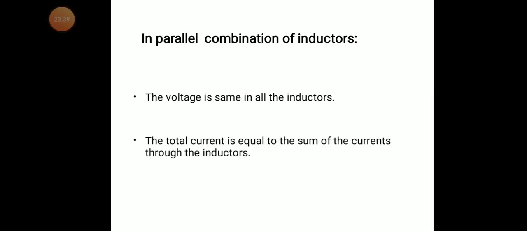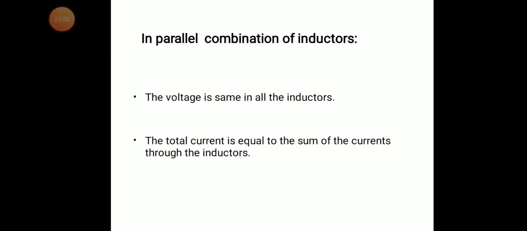Here we use Kirchhoff's current law, that the sum of entering current equals the sum of leaving current. The total current is equal to the sum of the currents through the inductors. Whatever the total supplied current is equals the sum of the currents through the inductors.